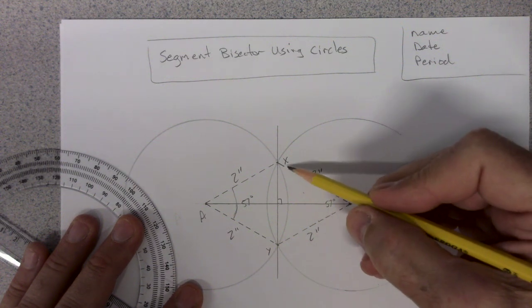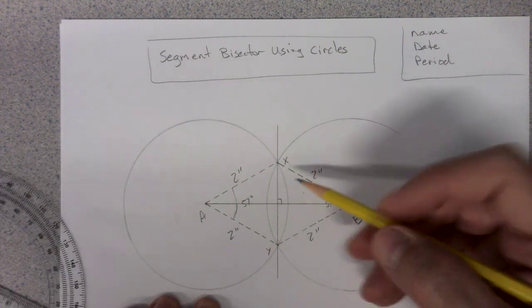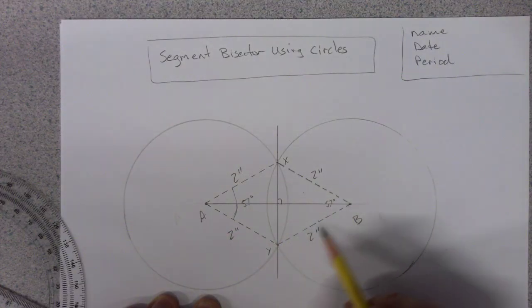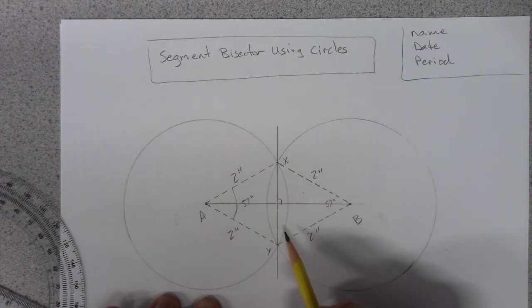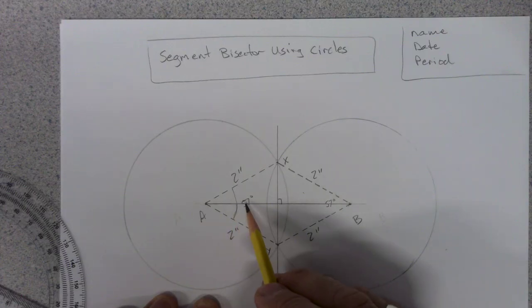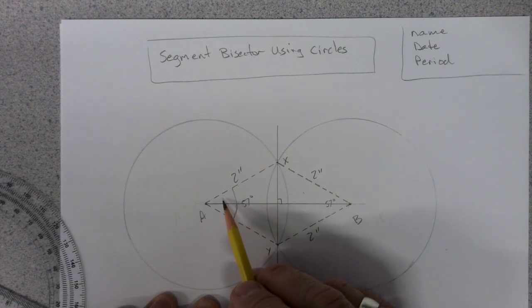What would these be? Well, all the angles in a four-sided figure add up to 360. Or if we half that, we can half the 57, which is going to be, what, 28 and a half? 28, yeah, 28.5 right here.